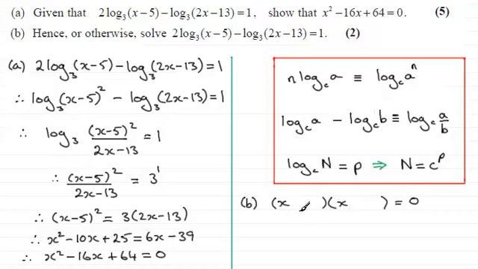And for the plus 64, I can see it's going to be minus 8 and minus 8. They multiply together to give plus 64, and you're going to get minus 8x minus another 8x, which is minus 16x. So in the usual way, each of these factors would be equal to 0. Well, they're both the same, so we might as well just say that x minus 8 equals 0. And that leads on to x equaling 8.